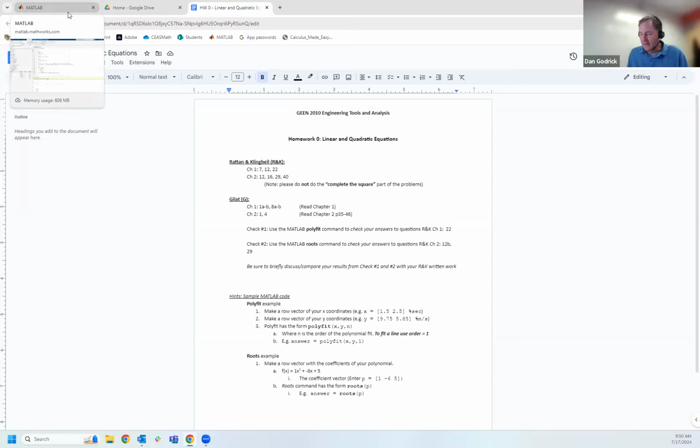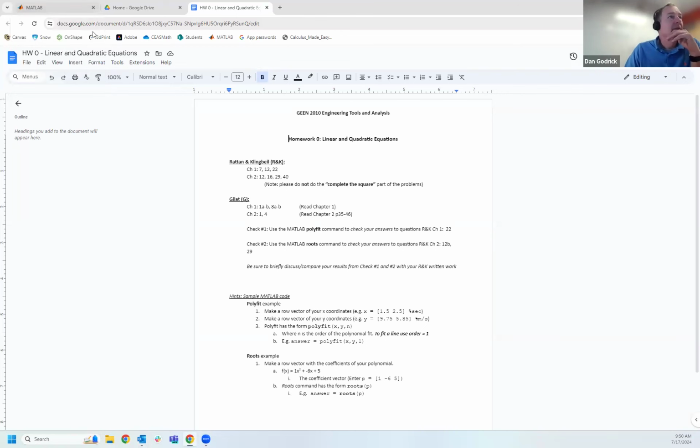Our x is 1.5 and 2.5, and our y is 9.75 and 5.85.